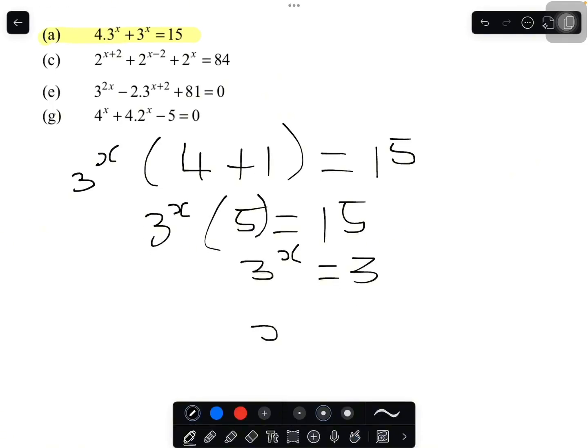And we're left with x equals 1. As simple as that. As long as you can see how to remove the common factor, you will be able to do the later steps.